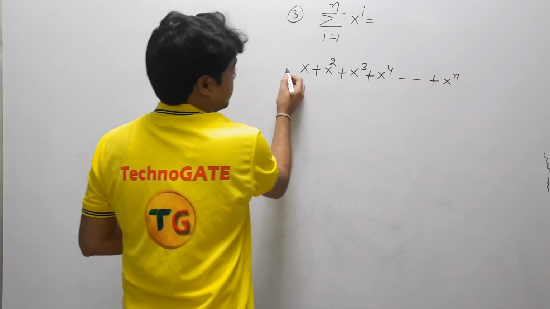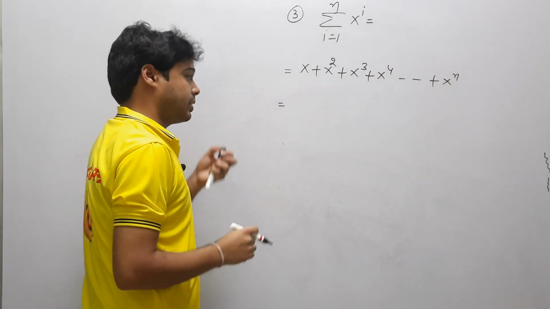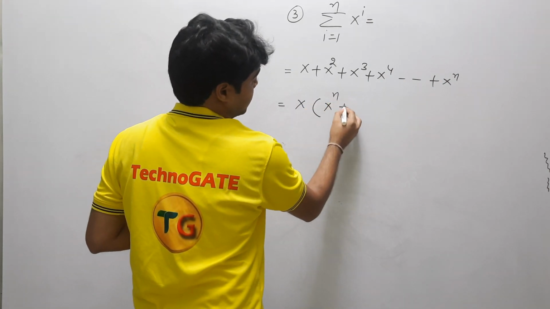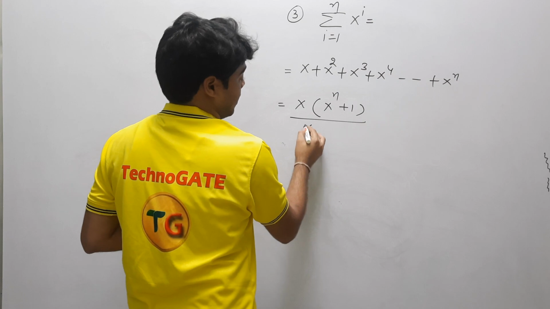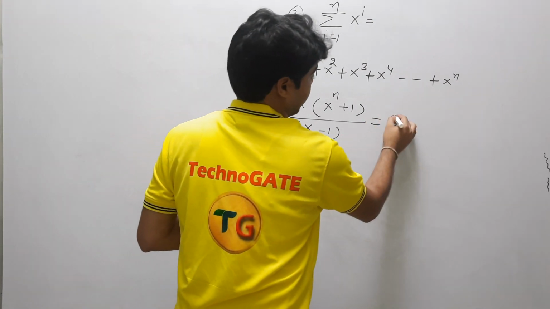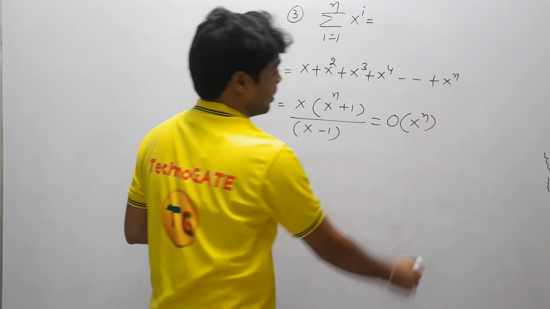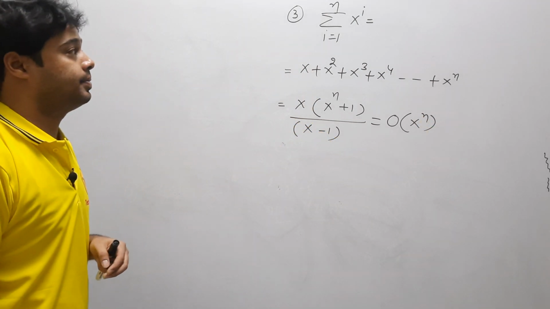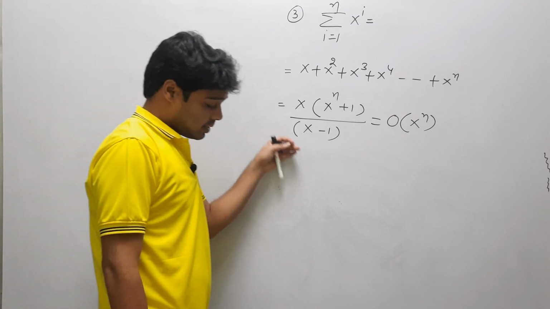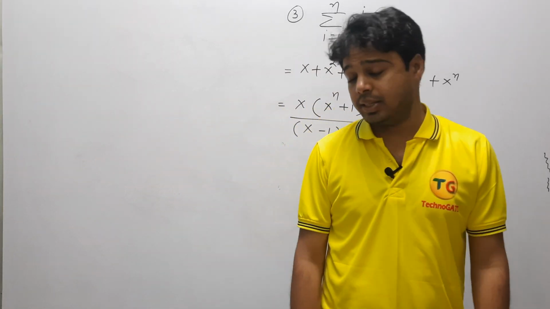So what is the formula here? It is a geometric series, so (x^(n+1) minus 1) upon (x minus 1). So what is the upper bound here? Order of x raised to power n. This is the time complexity of these three series here.